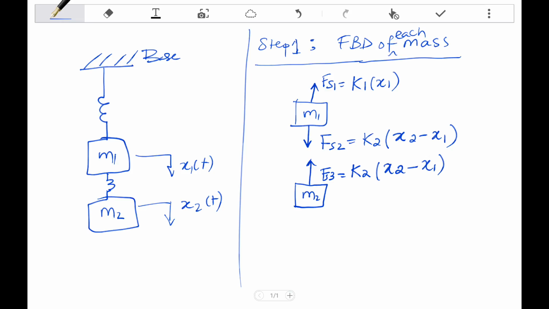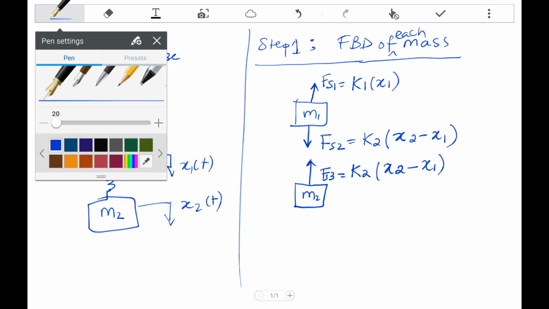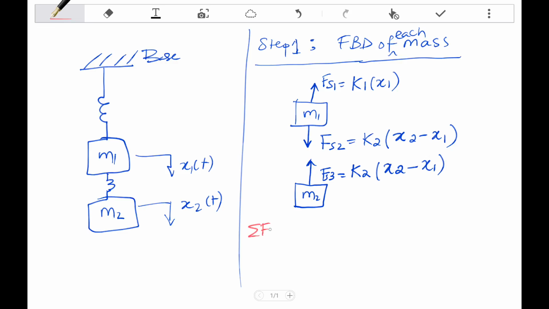We've talked about this earlier. When you're doing translation problems, all you have to do is take the sum of forces equals m x double dot. The x double dot is basically the acceleration.